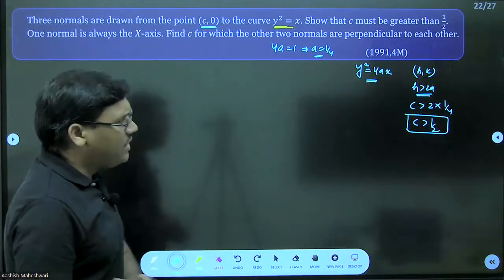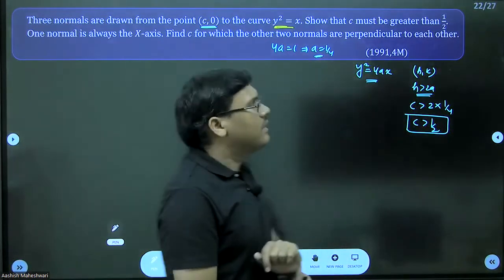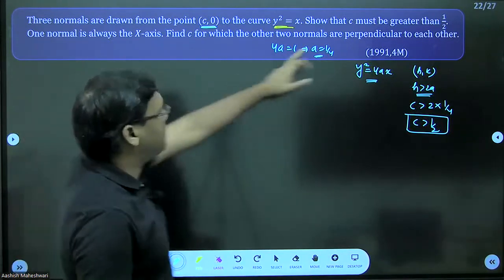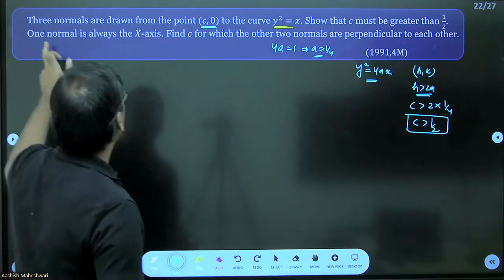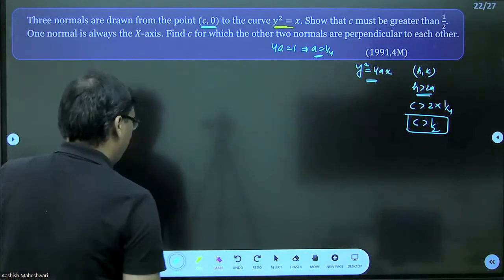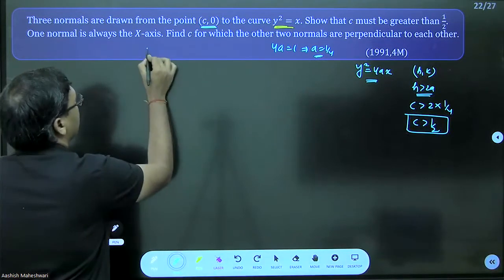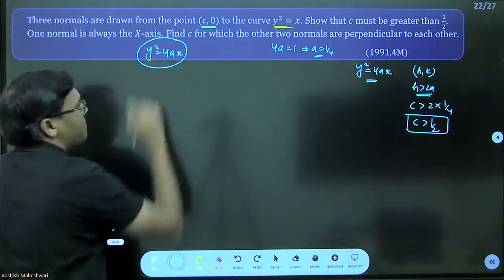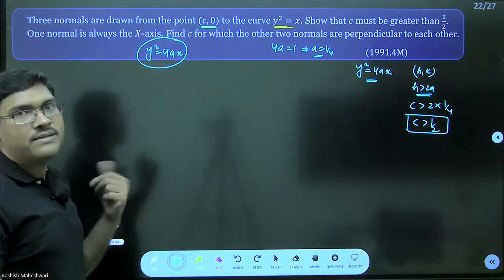If you know this result, that is fine. Otherwise also it's not difficult to prove that c must be greater than half and one normal is always the x-axis. What is the equation of the normal to the parabola y square equal to 4x with slope m? This is y is equal to mx minus 2am minus am cube.